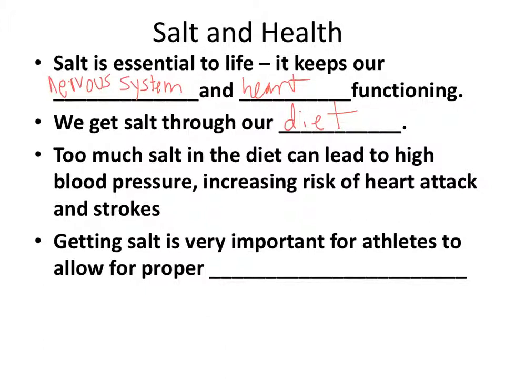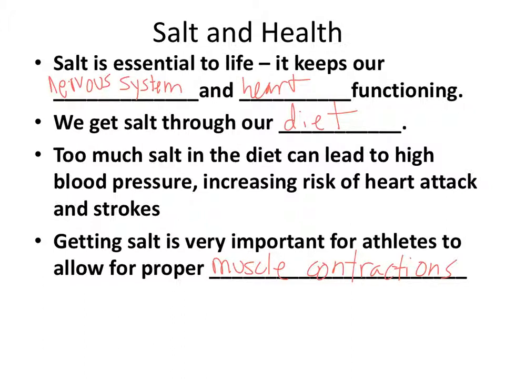For athletes, getting salt is really important for proper muscle contraction. This is why long-distance runners will carry salt on them. So when I did a half marathon, we went to McDonald's and grabbed handfuls of their salt packets and kept them in our little belt.